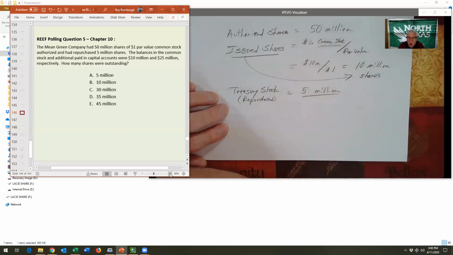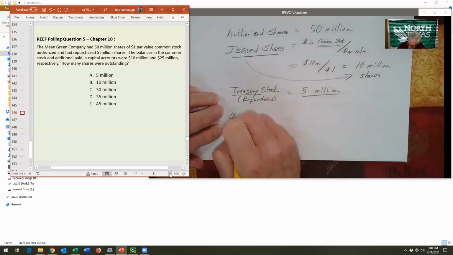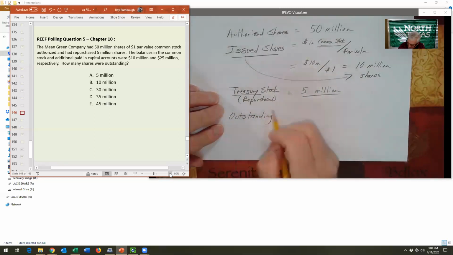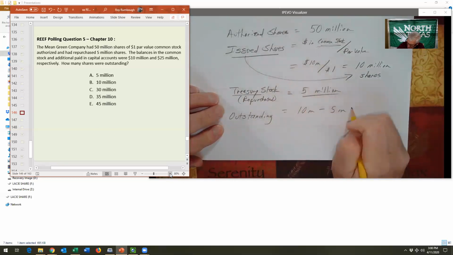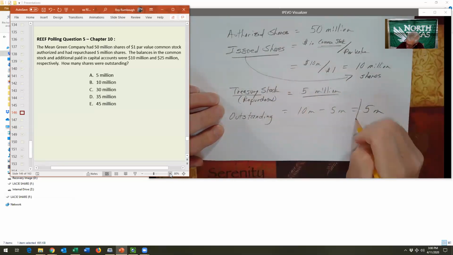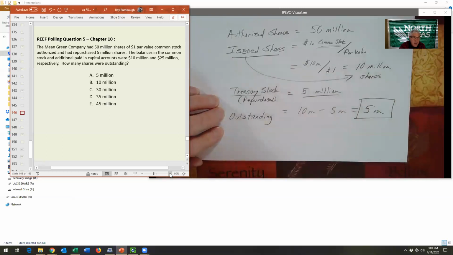It's just sitting in the lockbox, sitting there in the Treasury Department in the company. That's why I guess we call it treasury stock. So outstanding shares means shares owned by people outside of the company equals 10 million minus 5 million. 5 million. Answer A.